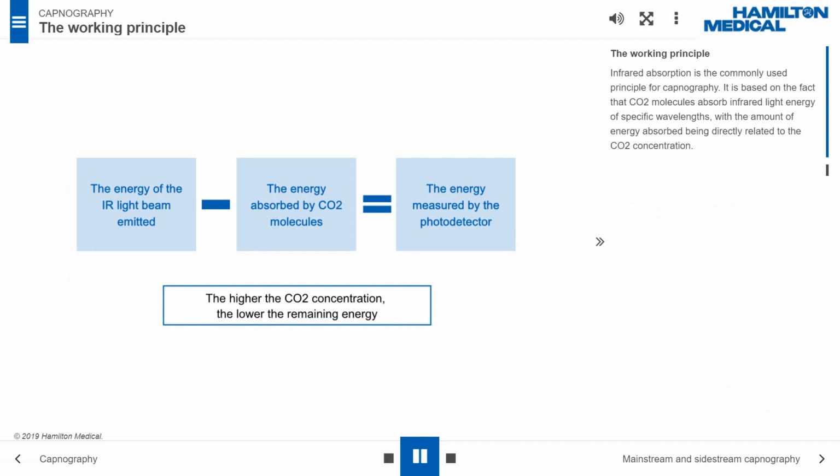The working principle. Infrared absorption is the commonly used principle for capnography. It is based on the fact that CO2 molecules absorb infrared light energy of specific wavelengths, with the amount of energy absorbed being directly related to the CO2 concentration.